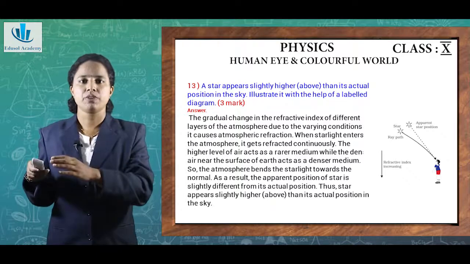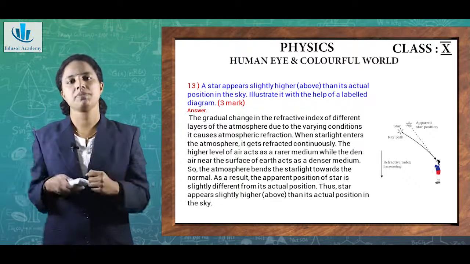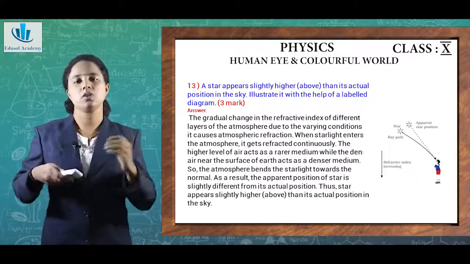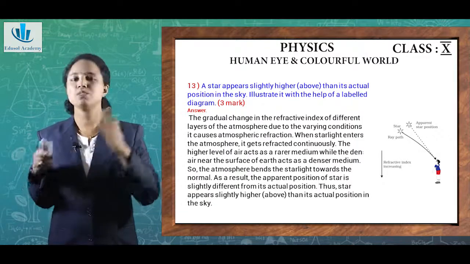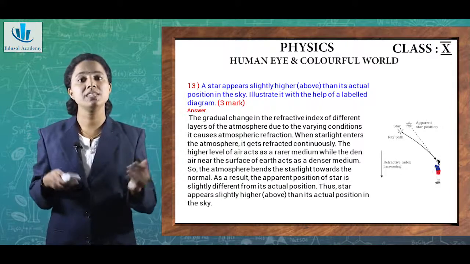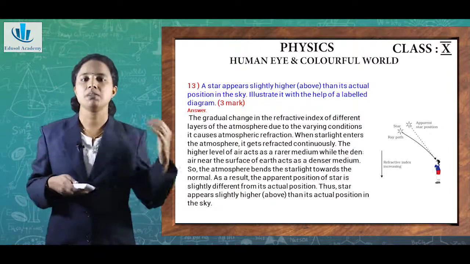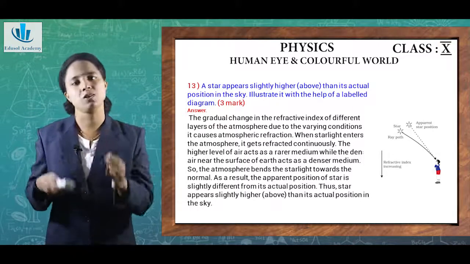So, from rarer medium to denser medium, there is a shift. The atmosphere will bend the starlight towards the normal. We know that when a ray of light passes from a rarer medium to a denser medium, the ray of light will be bent towards the normal. The same situation happens here.